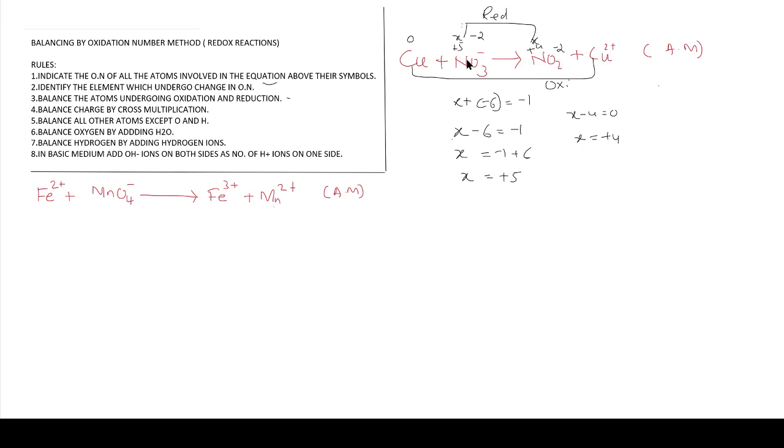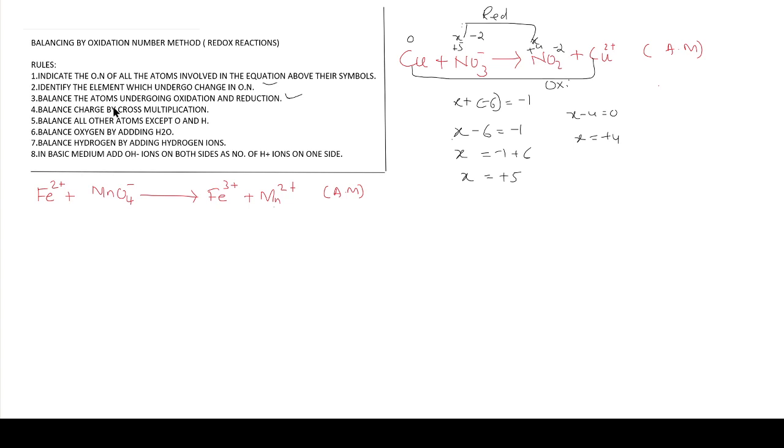In this equation copper and nitrogen are undergoing oxidation and reduction, so we'll balance them. There is one copper here and one copper on the other side, so it is already balanced. One nitrogen here and another one here, so it is also balanced. If they were not balanced, we would have balanced them. So the third step is done.